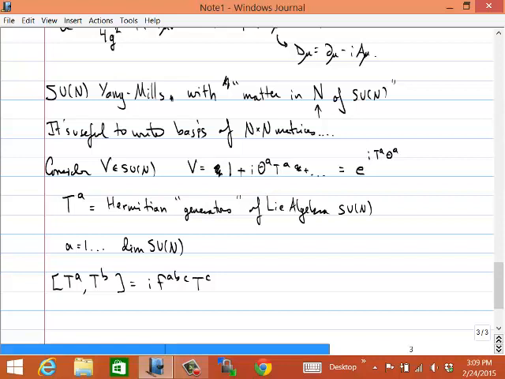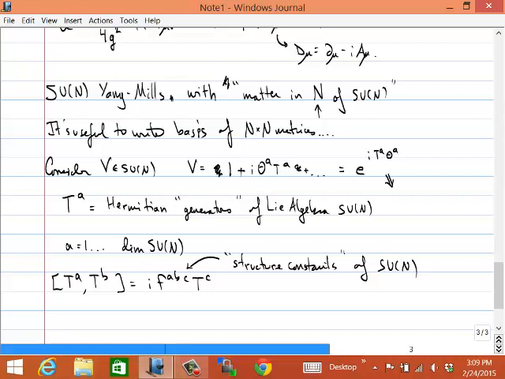If you take two V's and multiply them together, you have to get another V. And so if you write V as an exponential here, then the first term that you get is a commutator term. And so the commutator of any two T's has to be some linear combination of the T's, where these constants f^{abc} are referred to as the structure constants of our group SU(N).